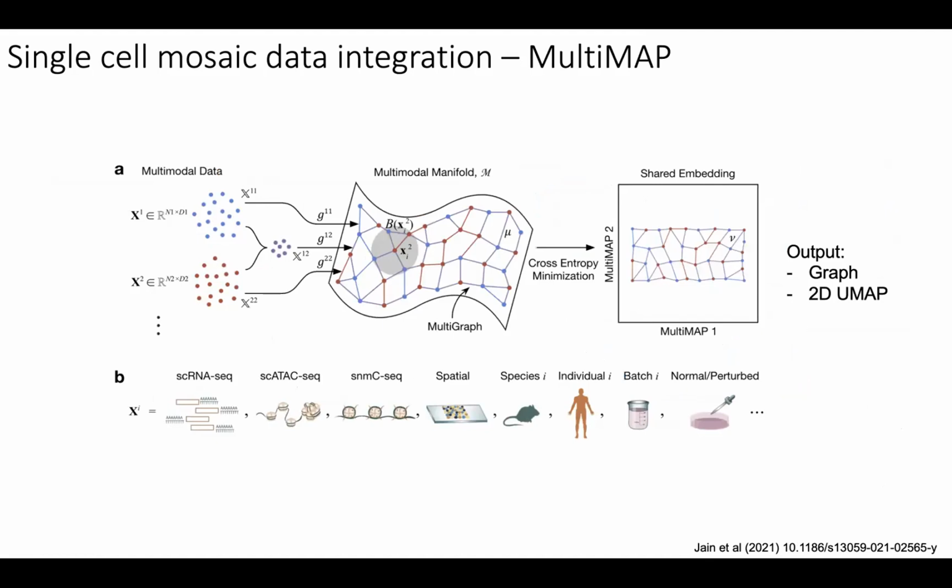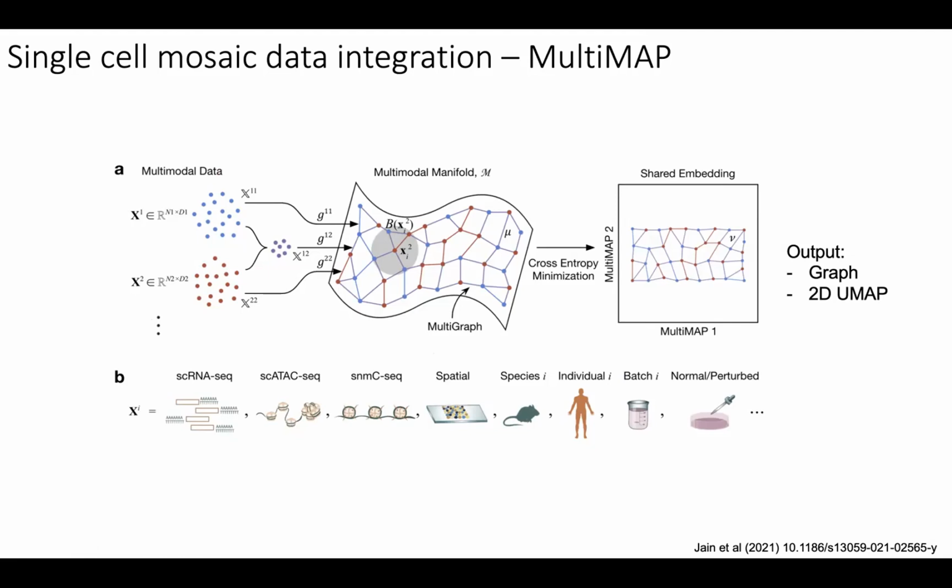Another approach is called MultiMap. This is a graph-based approach. The idea is, you have different sets of single cells that have come from different modalities. Then you place them into a graph structure, and the assumption for the graph structure is that it should be uniformly distributed.